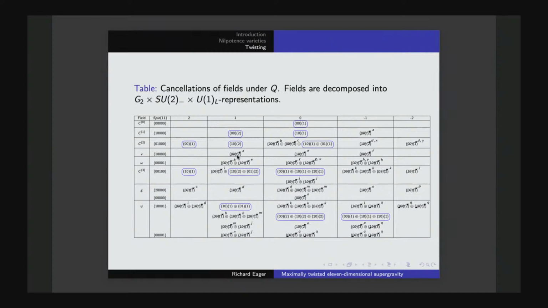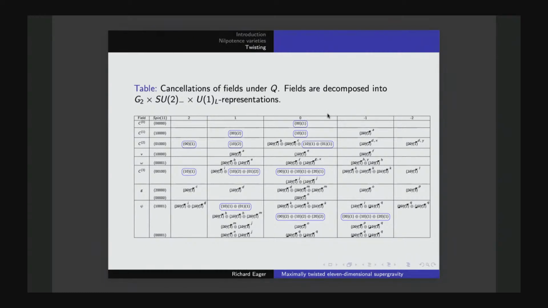They're labeled by A, and this component cancels with part of the ghost for ghost in C1. And so anytime there's a supersymmetry transformation leading to a cancellation, you just cross out those fields, and the remaining fields are all circled in blue. And of course, this is just half of the component fields, and there are going to be similarly the anti-fields as well.